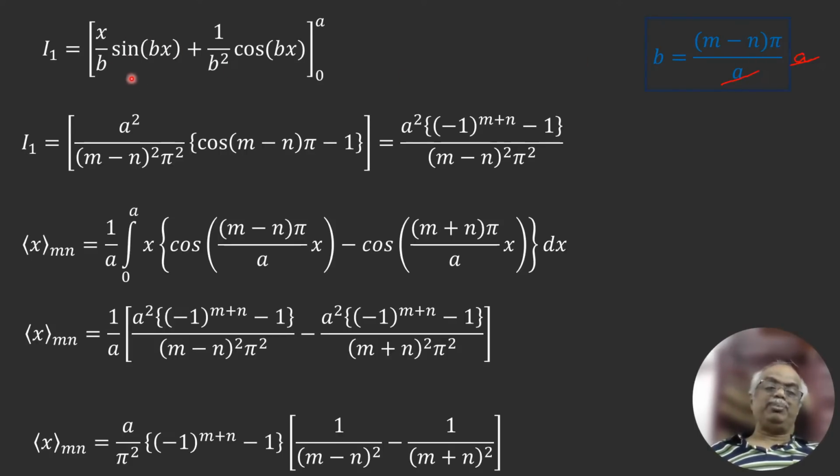Whatever may be the multiple of pi, whether it is pi or 2 pi, 3 pi, sin will be 0. So this term will be 0. Only this term exists, 1 over p squared, which is a squared divided by (m minus n) whole squared pi squared.